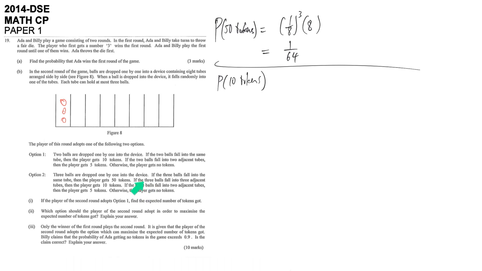They say that 3 balls fall into 3 adjacent tubes. So again, it's quite similar to option 1. But now every possibility has to use 3 spaces as 3 tubes. So first, second, third, fourth, fifth, sixth. So we have 6 spaces to do so.